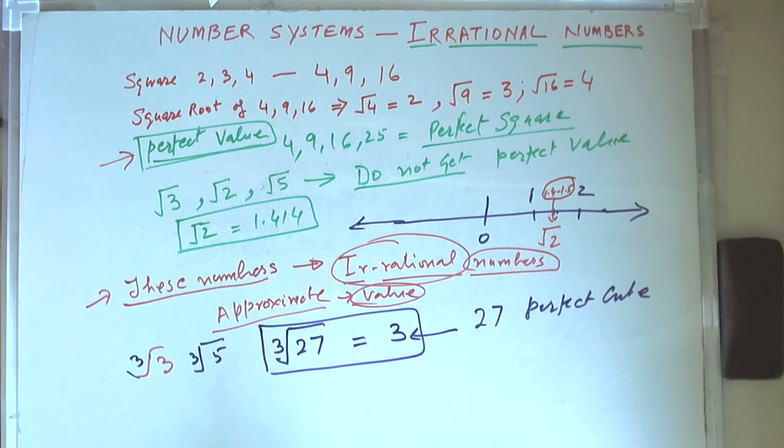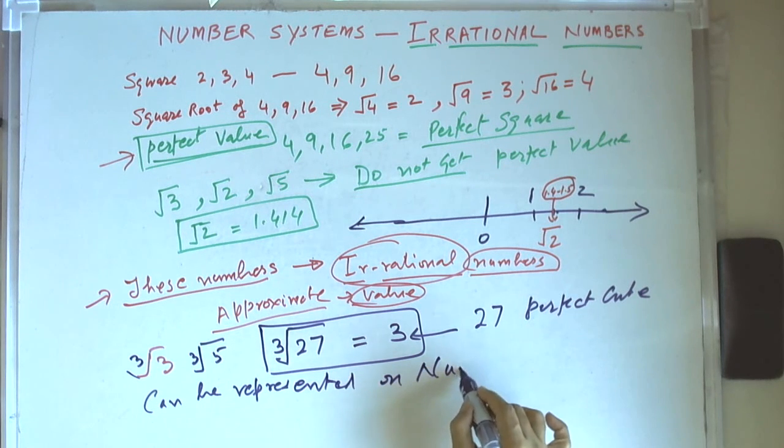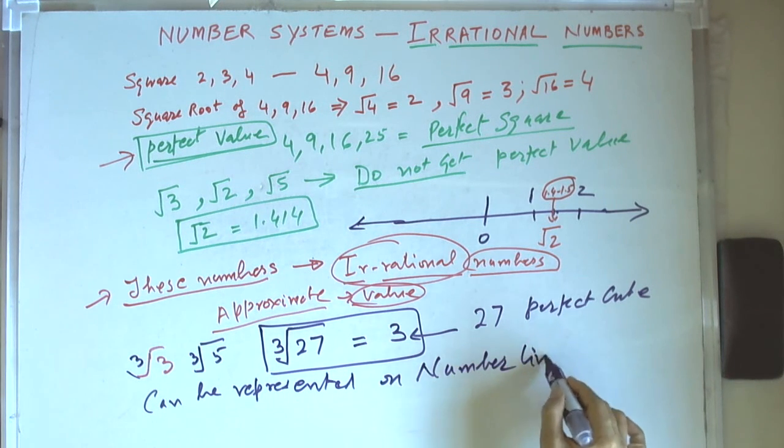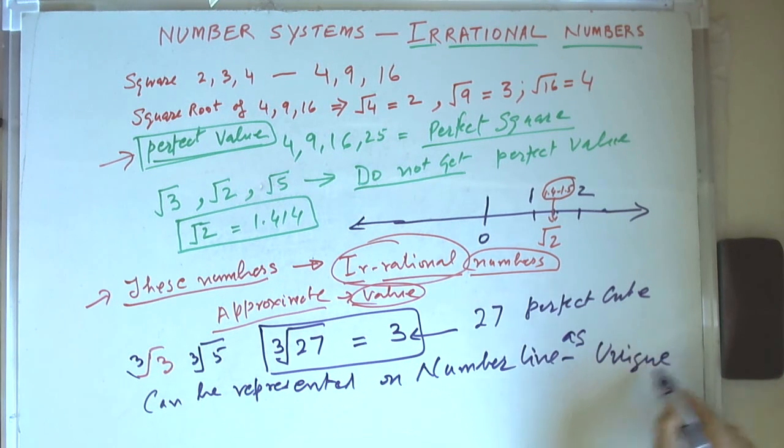Now, an irrational number can be represented on the number line by a unique point, and this can be done only by a geometrical process, which we will learn later.